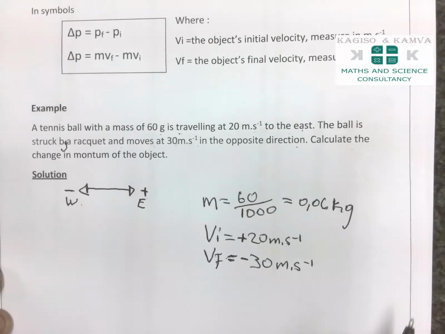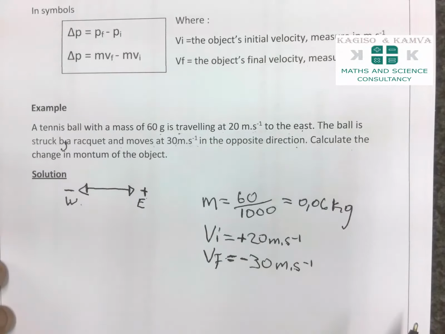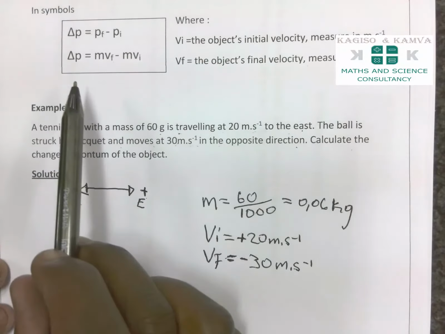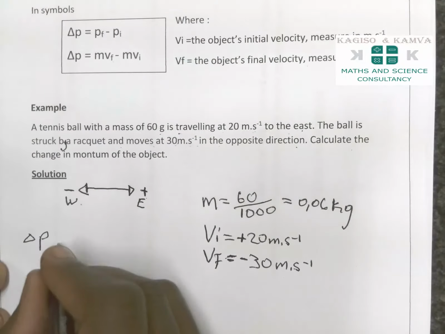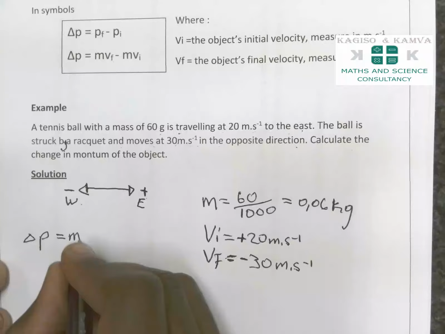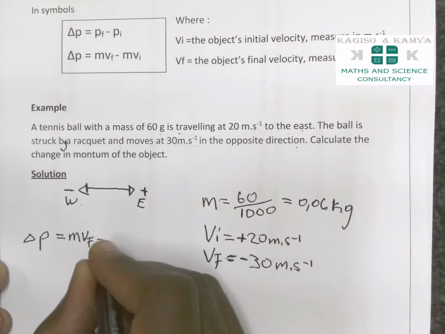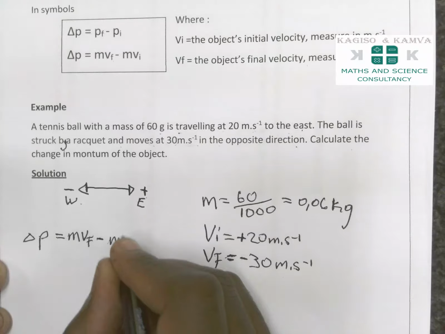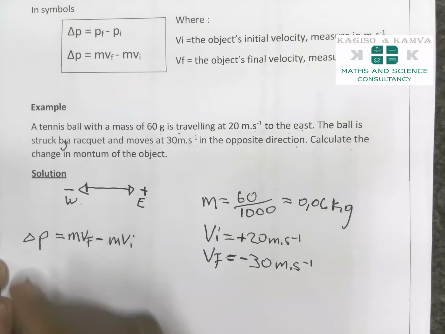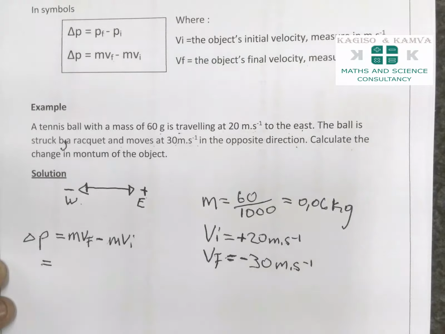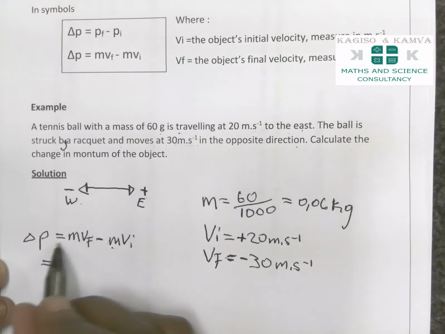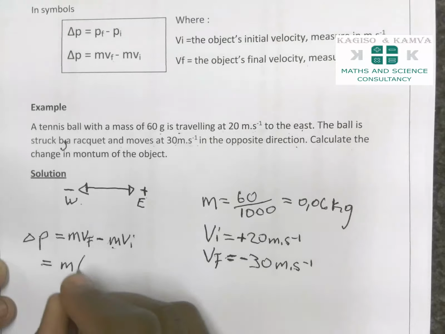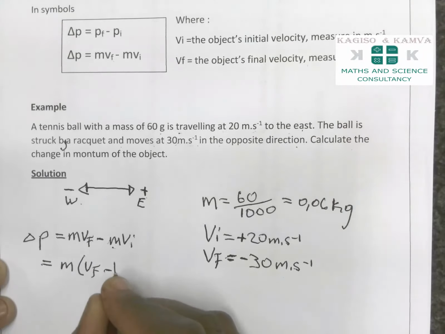Now we go to our formula for the change in momentum. The change in momentum is equal to mvf, which is final momentum, minus mvi. We can also say that mass is a common factor here, so we have m times vf minus vi.